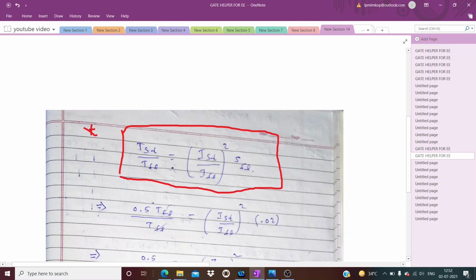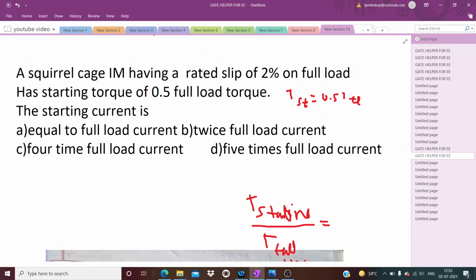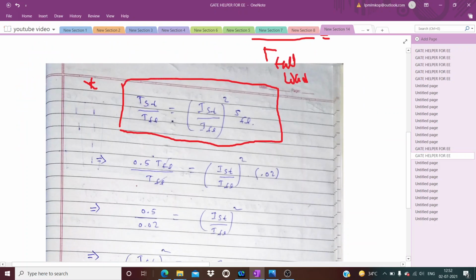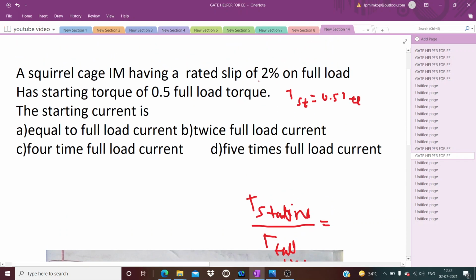T starting upon T full load torque is equal to (I starting upon I full load) whole square into full load slip. What is given is that starting torque is 0.5 times the full load torque. So 0.5 times full load torque upon full load torque equals (I starting upon I full load) whole square into full load slip. What is the full load slip?